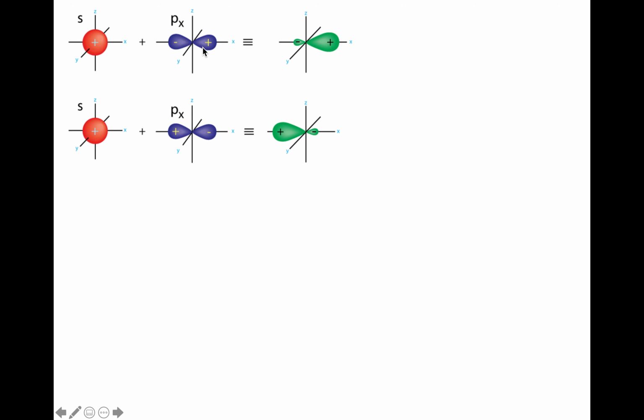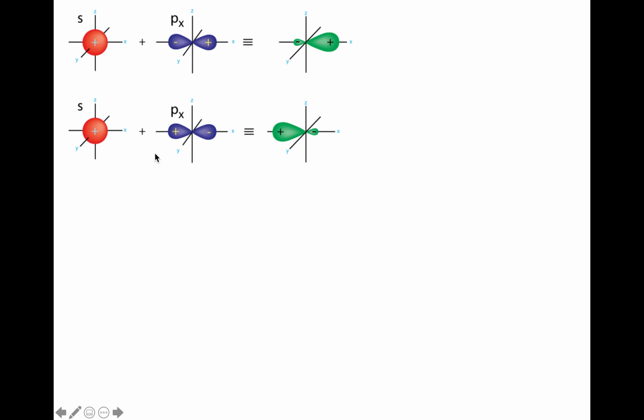So try to visualize this, because this is something that we're also going to use with molecular orbital theory. Let's say that we try to visualize taking that s orbital and putting it right here on the top. What would it have? Well, I would see a positive with a positive overlapping and increasing on the right-hand side, and a positive and a negative diminishing on the left. That's why we see this asymmetry to the lobes.